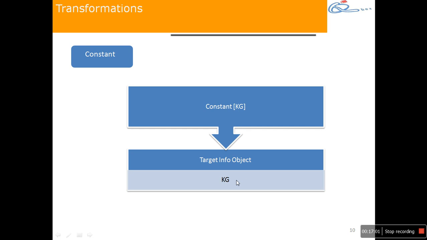It takes the default value as kg as a constant. Good. Now let's say in the target I have an InfoObject where I am not mapping anything. So when you don't map anything, it is the initial value. When it's initial value, the target object will be blank, and internally the blank is the hash symbol.